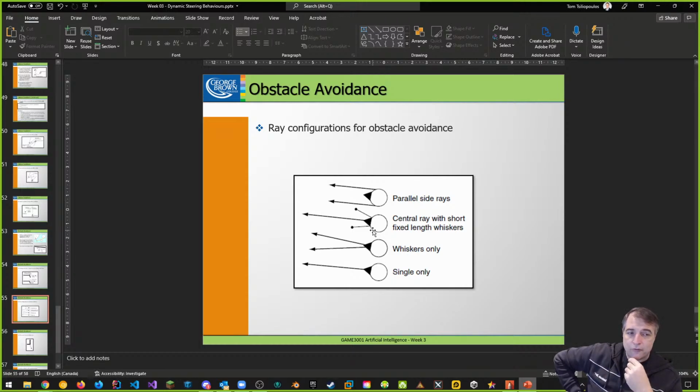If I have many more rays, they're more accurate, but more computationally expensive. Then again, we have to go back to the idea of what is good enough: what is a good enough amount of rays to cast from our character, and from which position, in order for us to have reasonable avoidance capabilities.